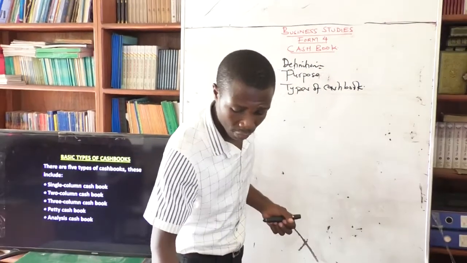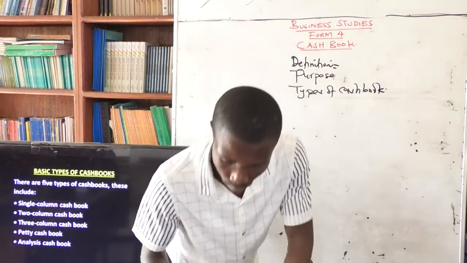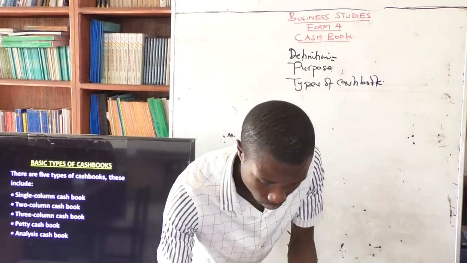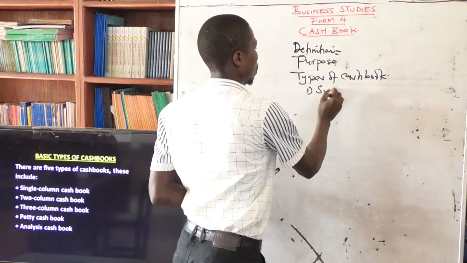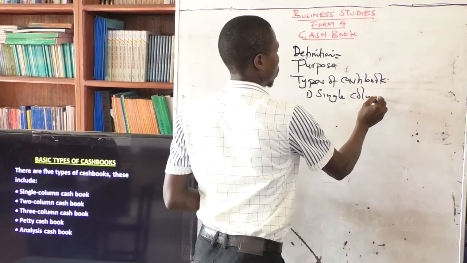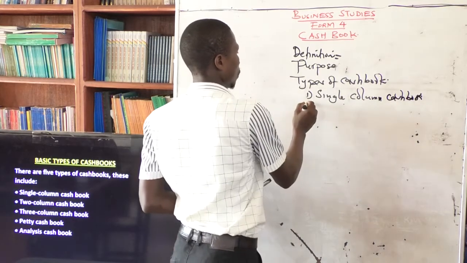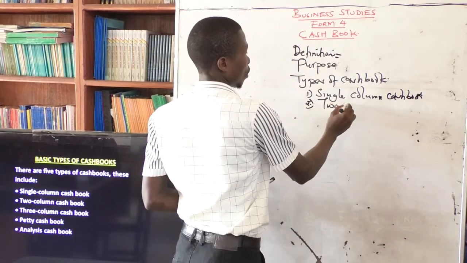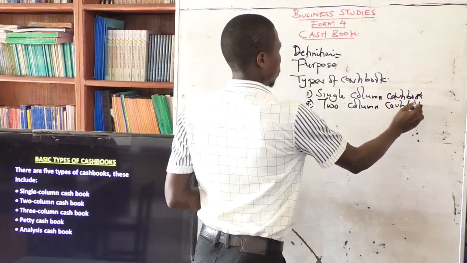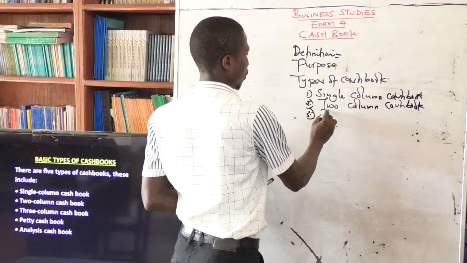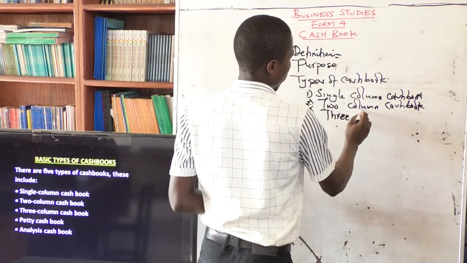So we always have the single column cash book. The first one is single. Then you have the 2 column cash book. Then you have the 3 column cash book.